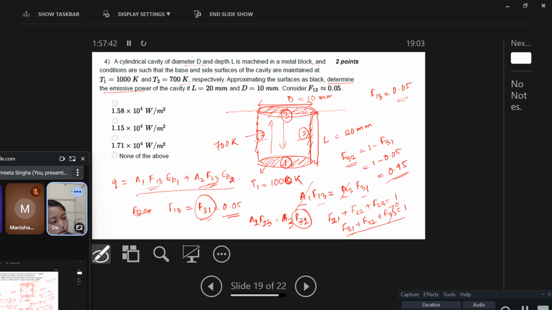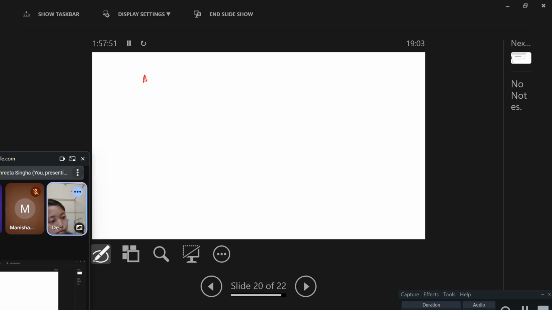A3 is this one, A2 is this side curved surface. A3 is pi r square, so it should be pi d square by 4. And A2 is the curved surface, which is pi dl or 2 pi rl.